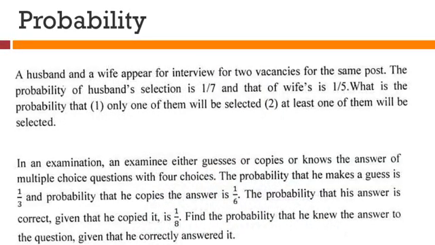The probability that he copies is 1/6, and guessing is 1/3. And the probability that his answer is correct given that he copied is 1/8. So we have been given a conditional probability: the answer is correct given that he copied, which is 1/8.